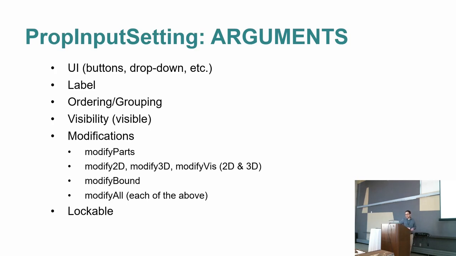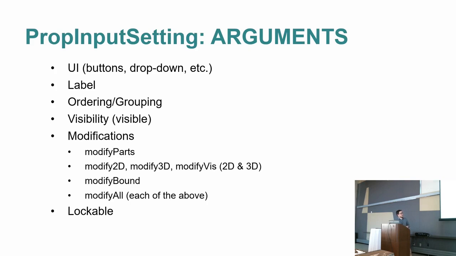So there is an argument for all of the classical UI elements: buttons, drop-downs, inputs, sliders, etc. Label is another argument that's kind of self-explanatory. Group key is for this ordering and grouping portion here. You can give it a group key, and it will group all properties with those keys together.